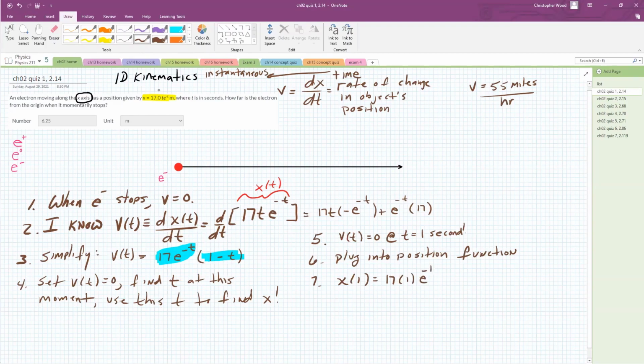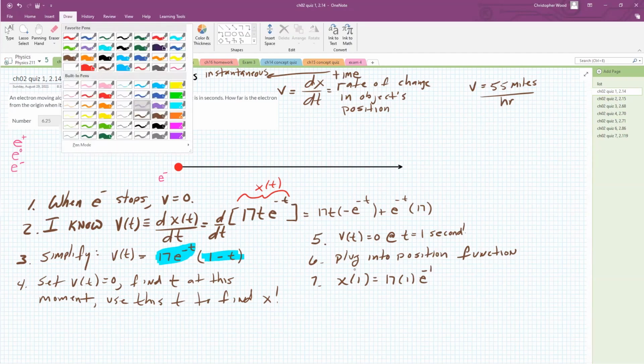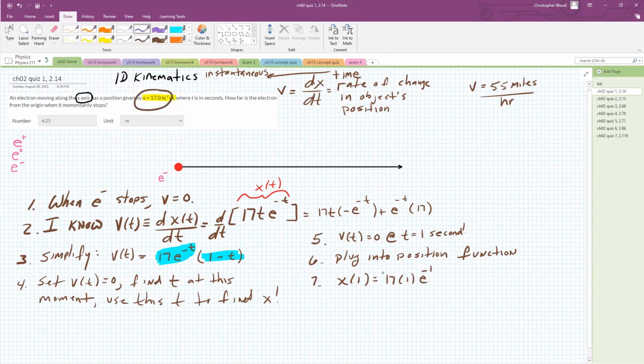I'm basically recycling this. This is my position function: x as a function of time equals 17 t e to the minus t.